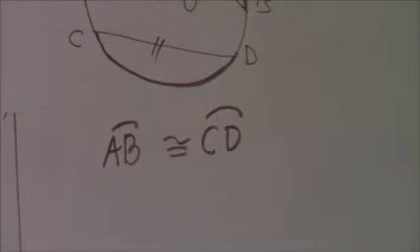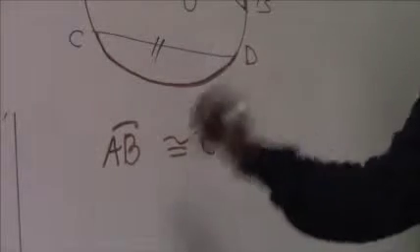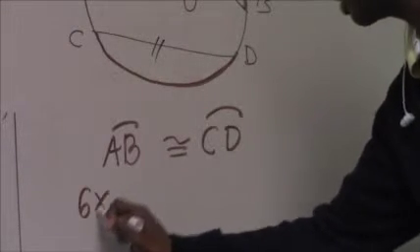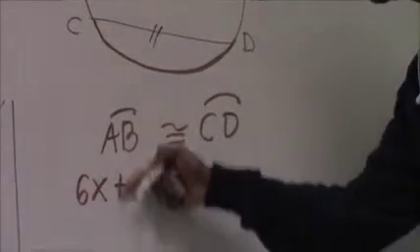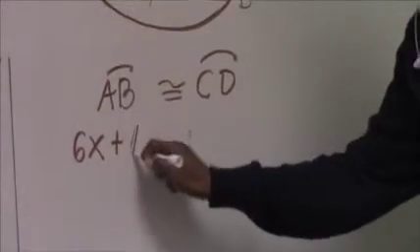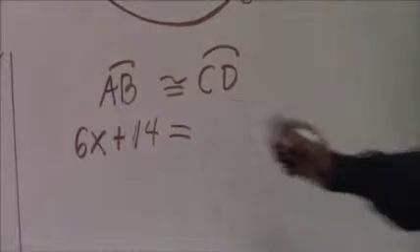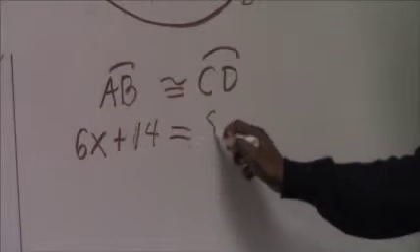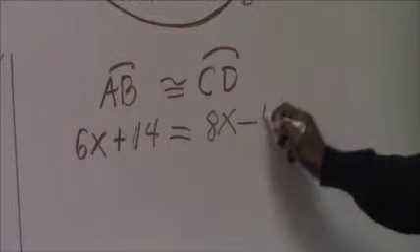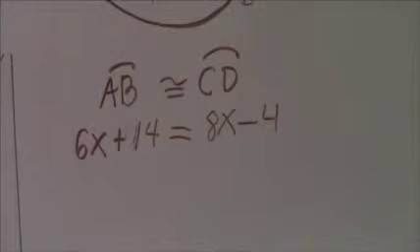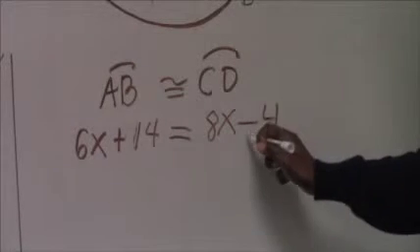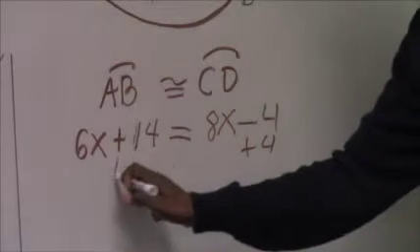Now, we've been told that arc AB is 6x plus 14. So 6x plus 14 will be equal to 8x minus 4. To solve this, I can add 4 to both sides.